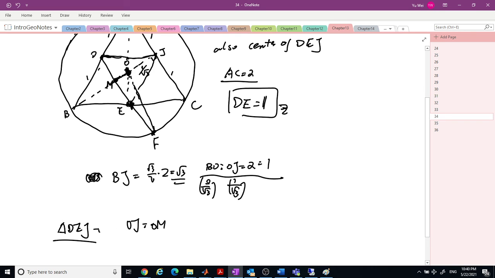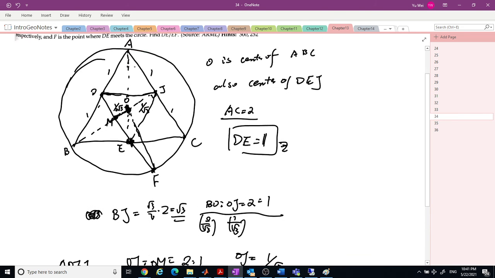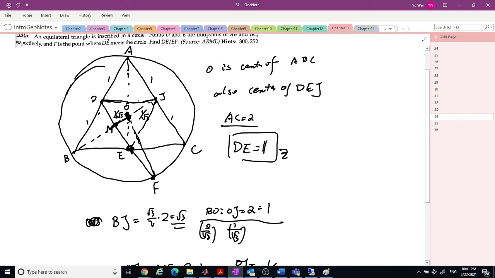You know OJ over OM is also 2 over 1, right? So now you know OJ is equal to 1 over root 3. Now you know OM is 1 over 2 times root 3. Okay, and also we know the OJ.